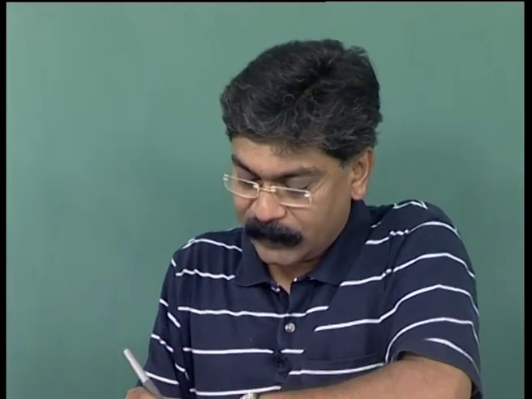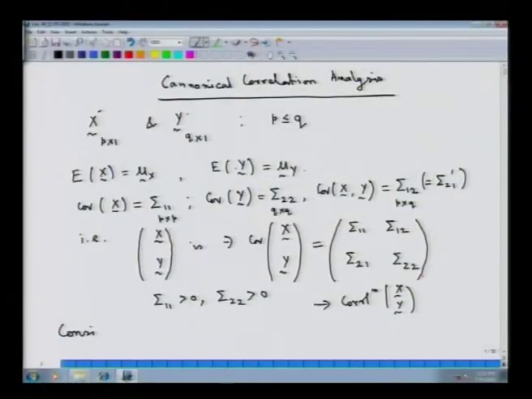Now, when we talk about linear combinations, we look at the following. Consider linear combinations, say a i prime x and b i prime y, for i equal to 1 up to, say, any order m. So, these are possible linear combinations of x's, these are linear combinations of y.